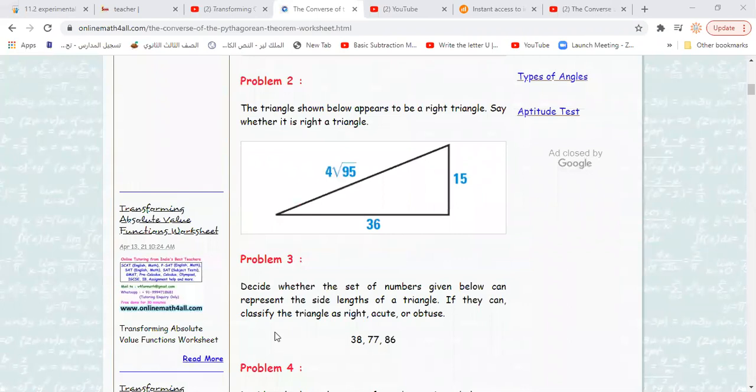If they can, classify the triangle as right, acute, or obtuse. So this question, we are going to divide it into two parts. The first part is what? Maya, you joined us, right?